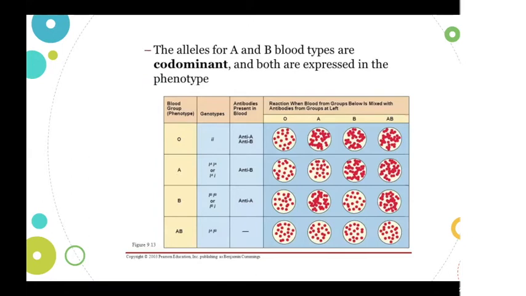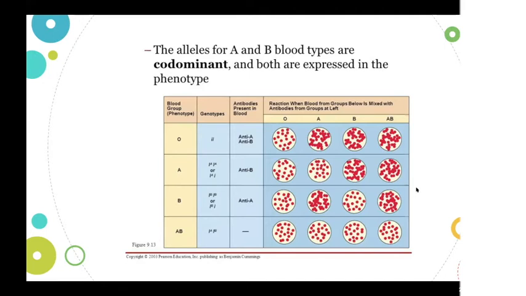Both type A and type B blood are co-dominant, so they will both be expressed in the phenotype. The reason blood will clump together if your blood type is not right is because of the antibodies, which you will learn later in Dorothy's slides.